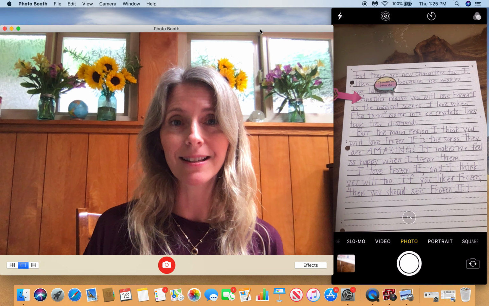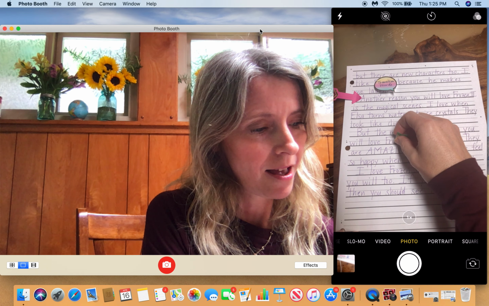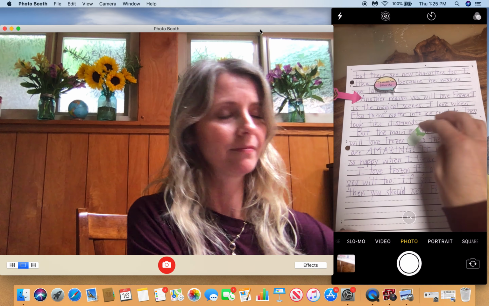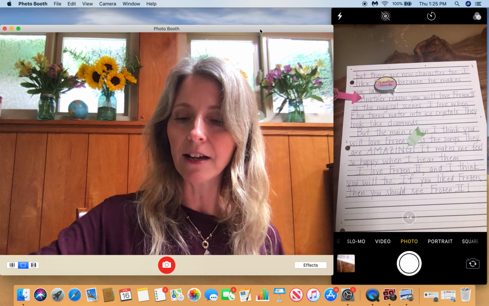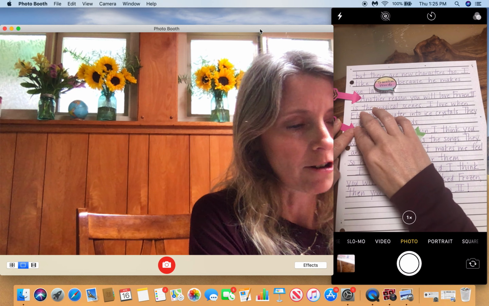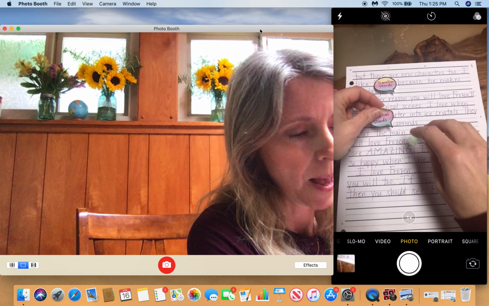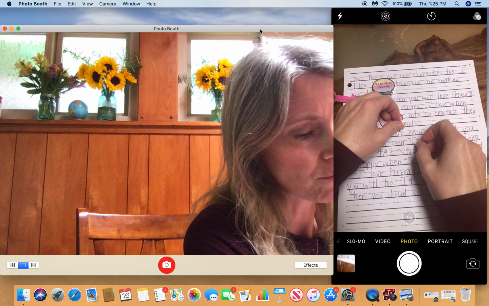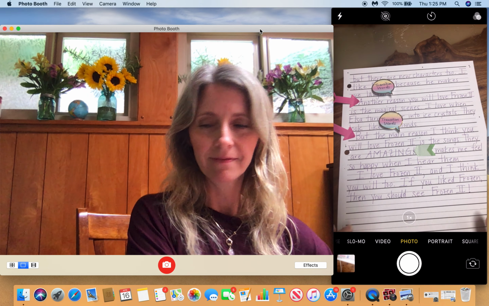First thing I notice is that I changed the size of some of my letters. Amazing. You know, I really think it's amazing. The songs are AMAZING now. I notice that I indented because it's a new paragraph. And I notice the transition words. But the main reason, those are my transition words.